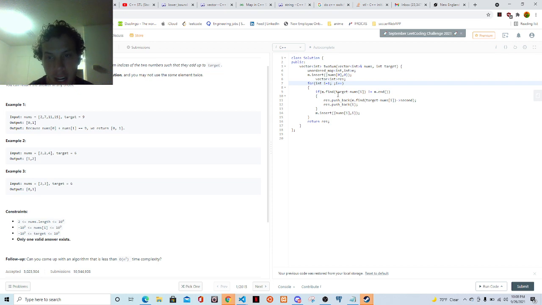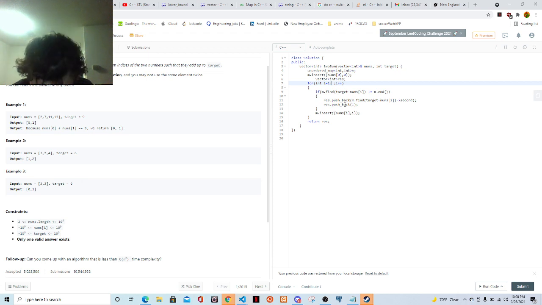And so I did m.find of target minus nums[i], which is something that I actually picked up from the discussion. I think my initial solution was different. Yeah, this isn't my initial solution. This is a faster version that someone did that I found, and it was very interesting how they went about it.